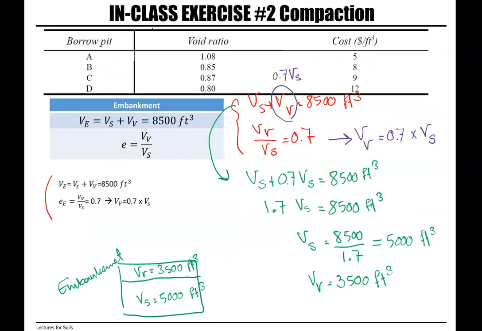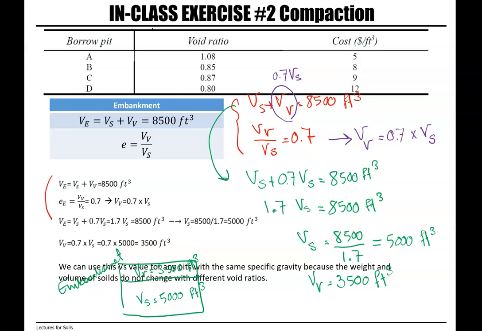What does that mean? It means that we need to bring the same amount of solids from all of these pits. Because they have different void ratios, we cannot use the total volume. We cannot use the 8,500 cubic feet because they all have different void ratios.